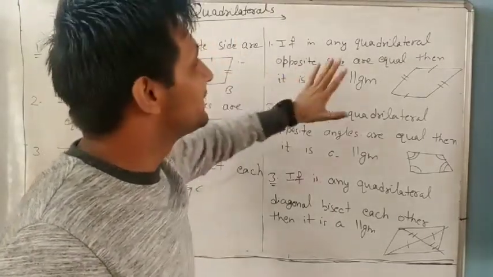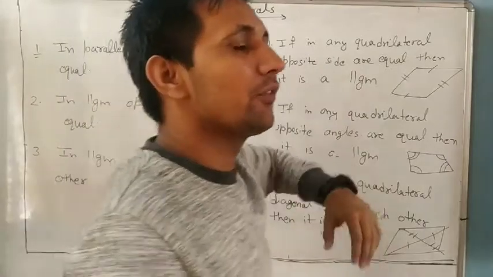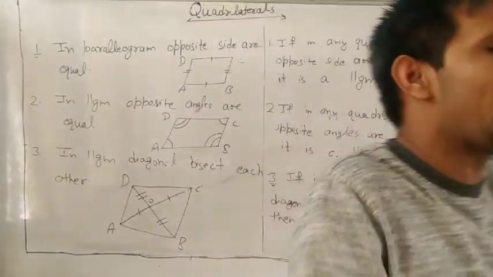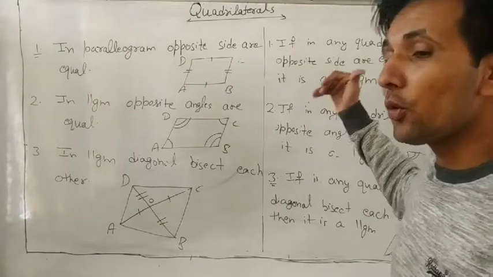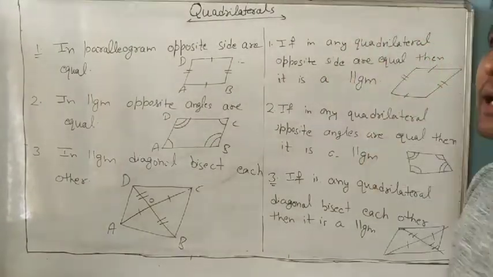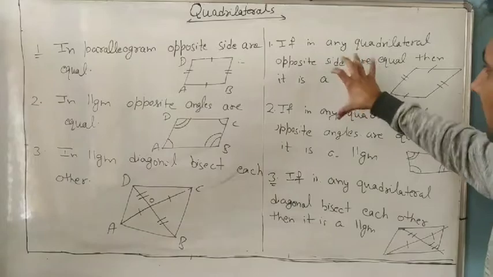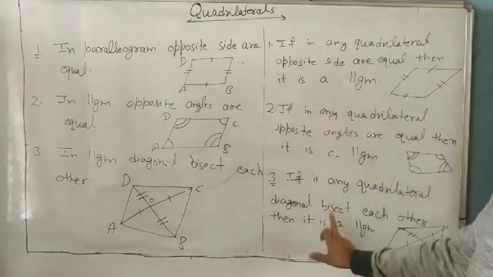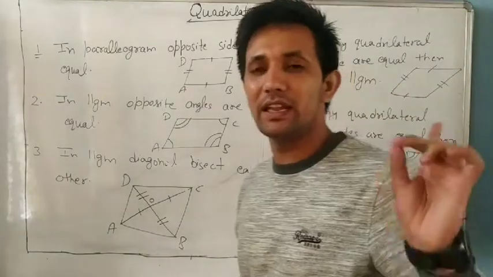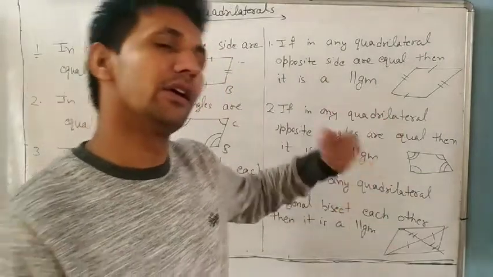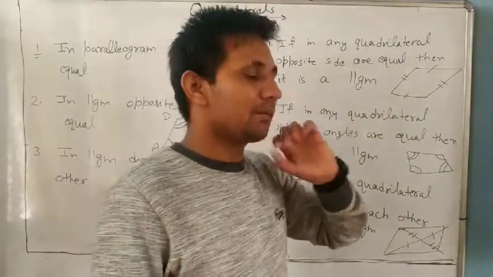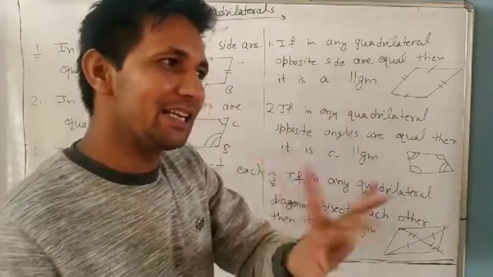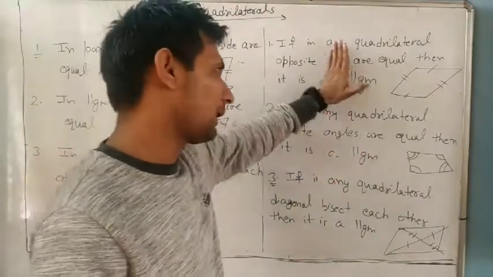Understand or not? If in any question we are given a quadrilateral and the examiner asks us to prove that this quadrilateral is a parallelogram, out of these three properties, proving any one is enough. You can show more than one property also, but at least one is enough.